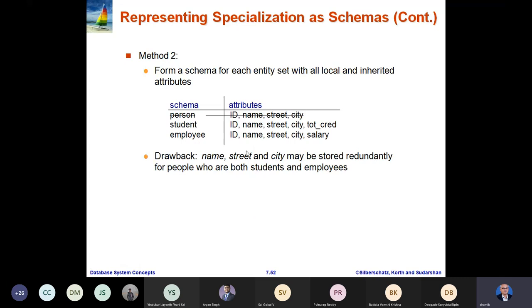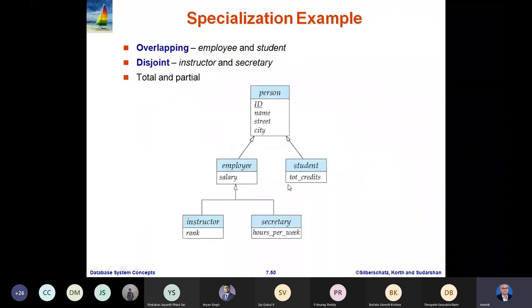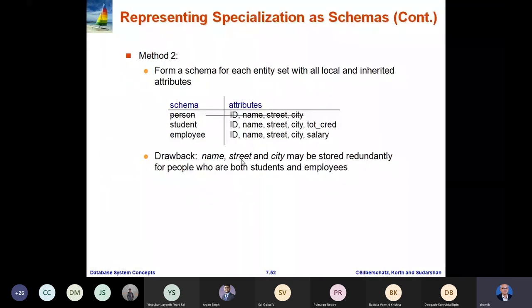The instructor table will have ID, name, street, city, salary, and rank. And the secretary table will have ID, name, street, city, salary, and hours per week. So in that case, for considering all those five entities, we'll end up having these three tables: one for student, one for secretary, one for instructor.